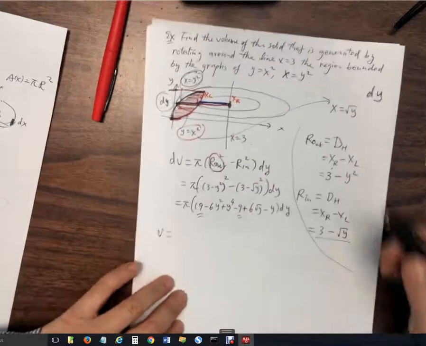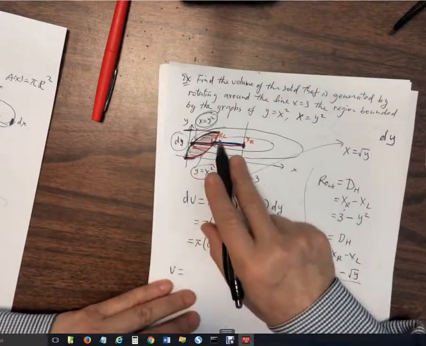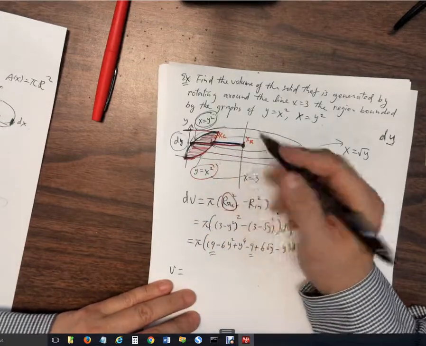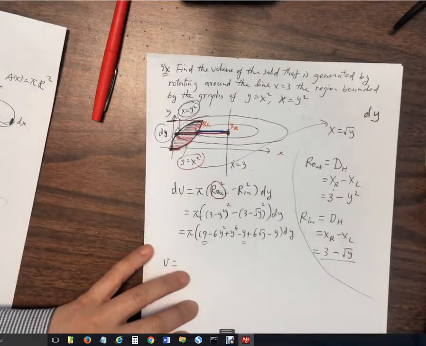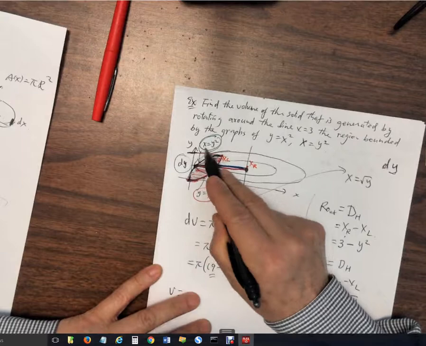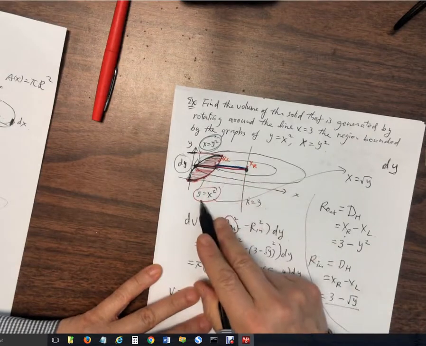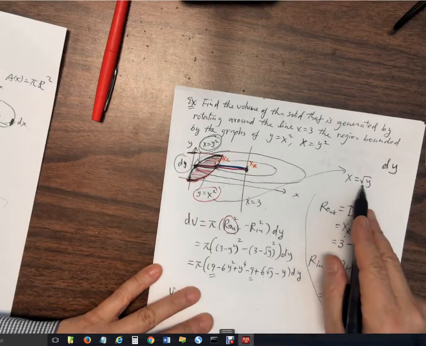So let's do simple math. Say we set x equal to x. This way we get the solution as a y value right away. So this green thing is x equal to y squared. Well, the red thing is y equal to x squared, but I solved it as x equal to square root of y.